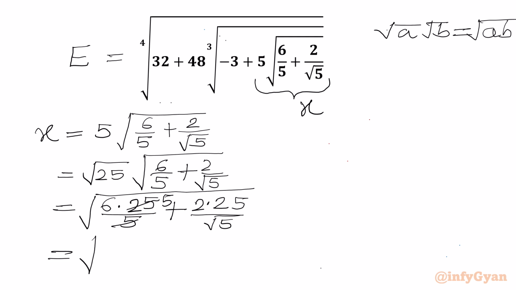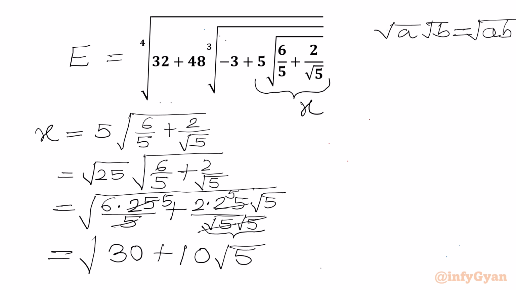We write the square root of 6 times 5, which is 30, plus, let's rationalize the denominator here. So we will multiply with root 5 in the numerator and denominator. This will give us 5. We can cancel this 5 with the numerator 25. So here we can write 5. 2 times 5 is 10. So 10 square root 5. This is our x.